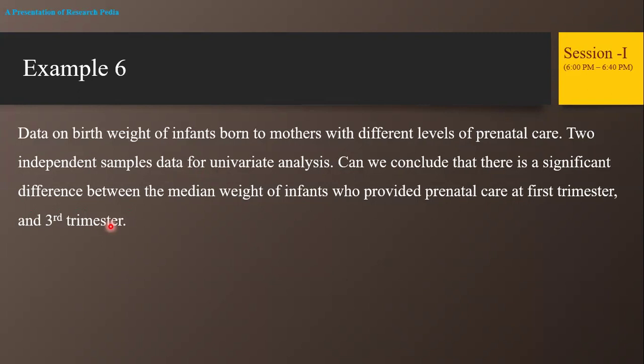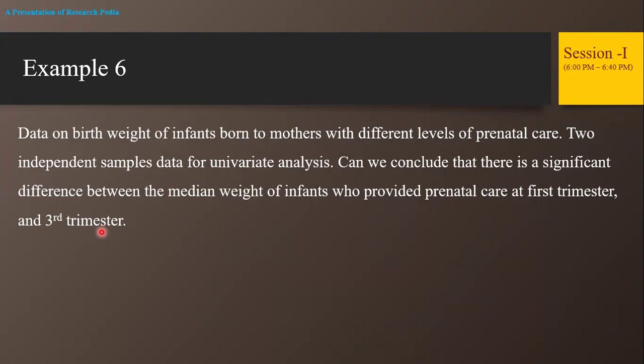This data is basically related to mothers who are going to give birth to their child. If they have provided care in the first 3 months of their pregnancy, what will be the effect of that care on the weight of their child? And if they have provided care in the third trimester, the last 3 months of their pregnancy, what will be the effect on their child's weight?